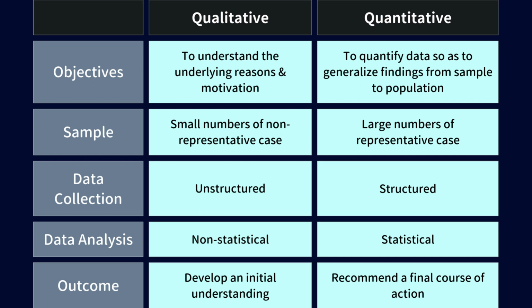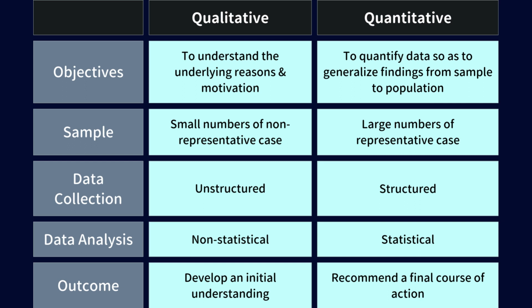For data collection, for the qualitative researchers, it is unstructured actually, because they are based on interviews, observations and things like that. But for quantitative, it is more structured. They will know the time, how long, and things like that.